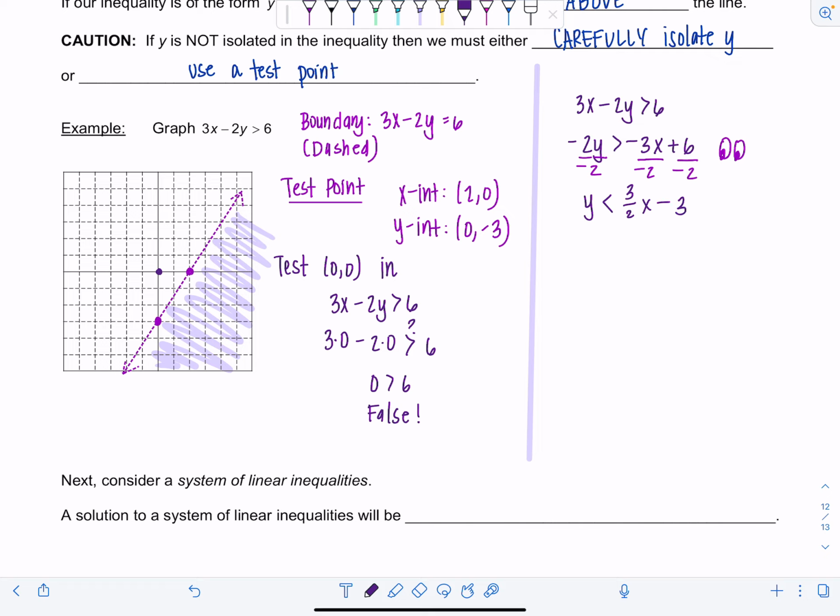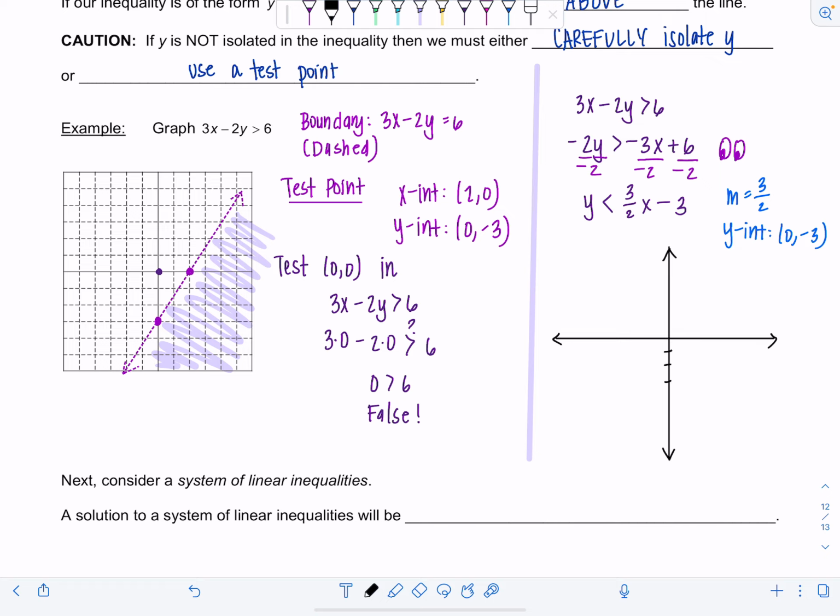Whoo! So you can see by looking here, the slope is 3 over 2. Y-intercept is 0, negative 3. Okay, so if you want to graph it that way instead, this is totally appropriate. 1, 2, 3, 1, 2, x-axis, y-axis.